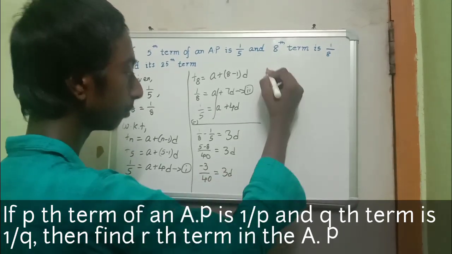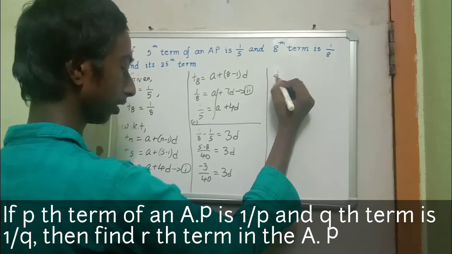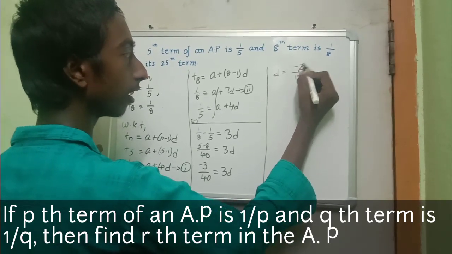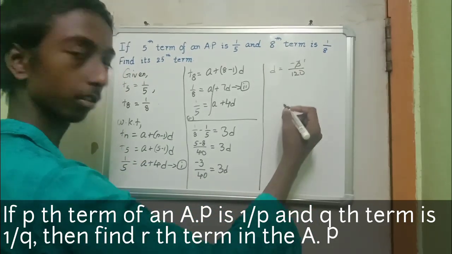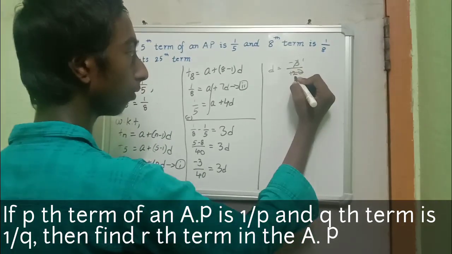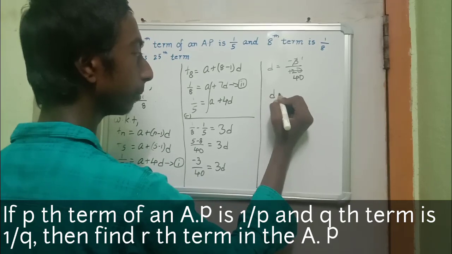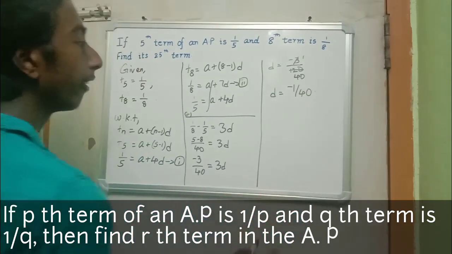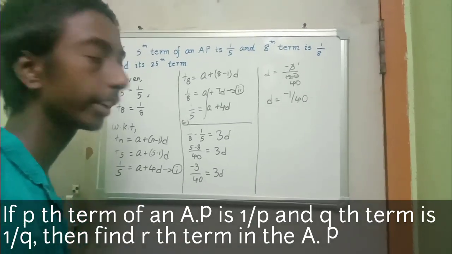So d becomes minus 3 by 120, that is minus 1 by 40. We get d as minus 1 by 40.